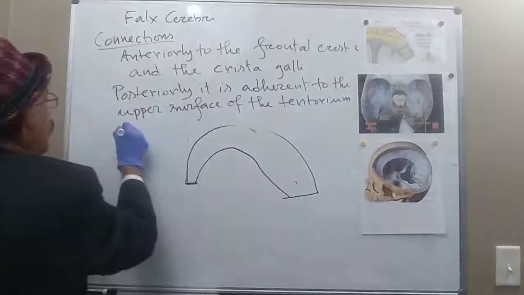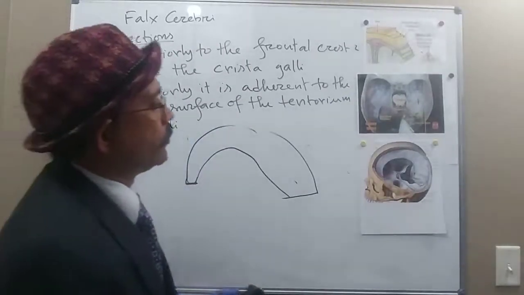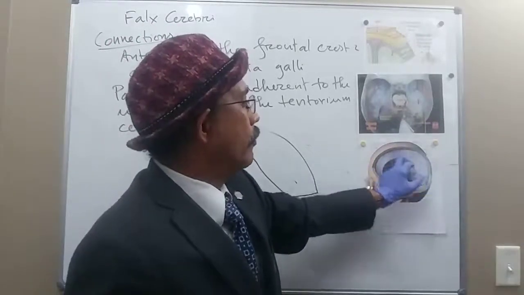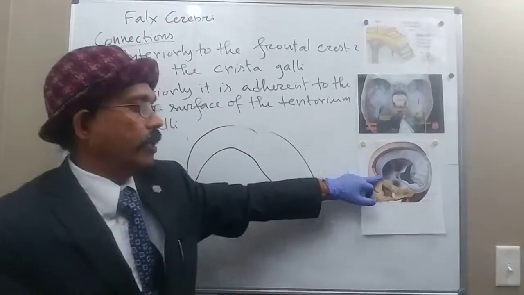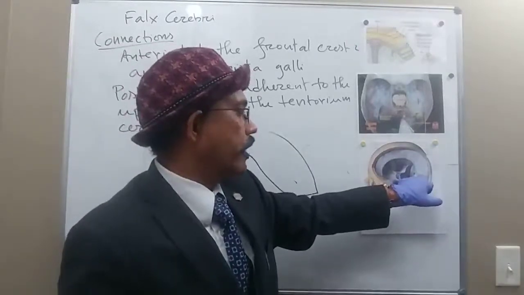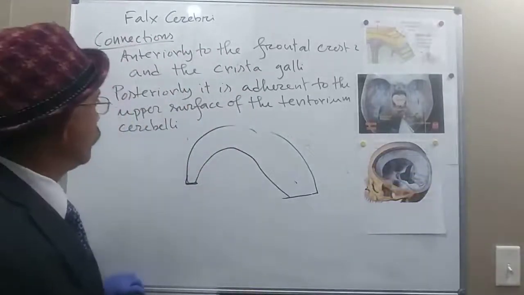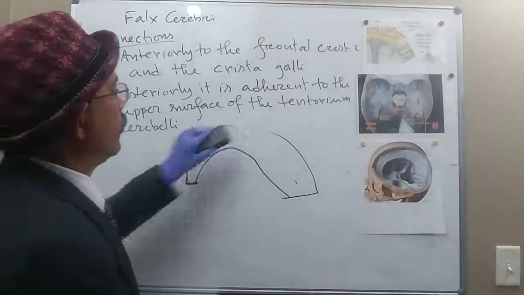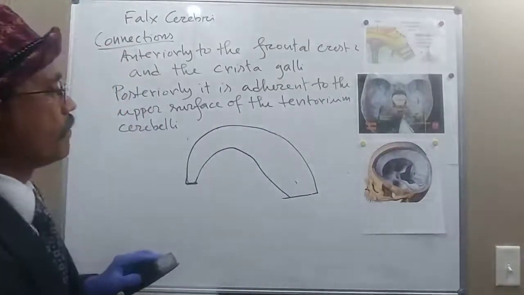So this is our Falx cerebri, anteriorly connected to the frontal crest and the crista galli, posteriorly connected to the upper surface of the Tentorium cerebelli. Okay, we got the connections of the Falx cerebri.